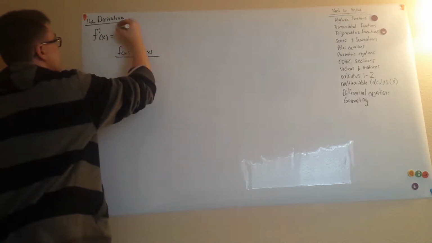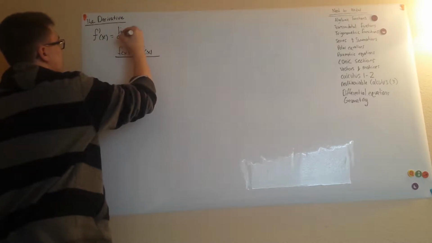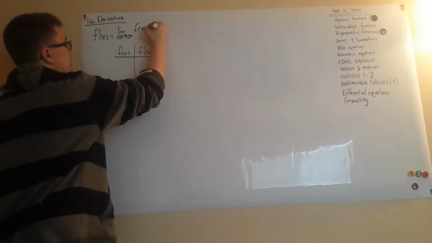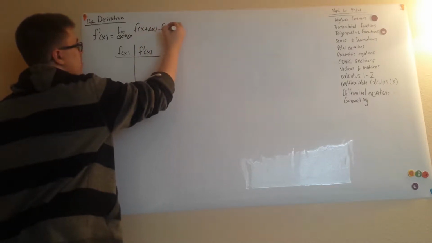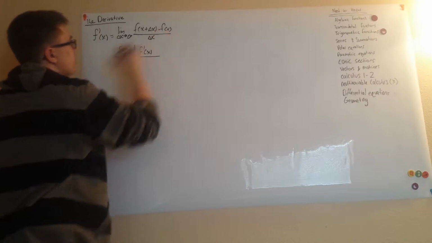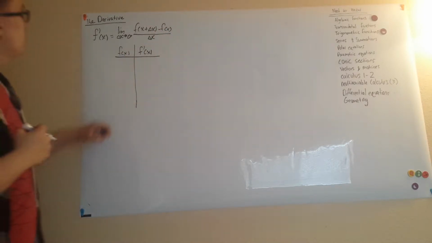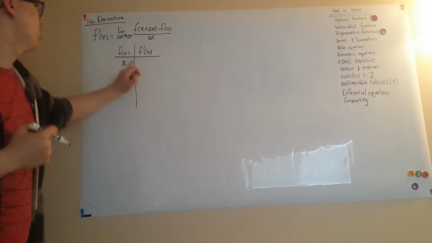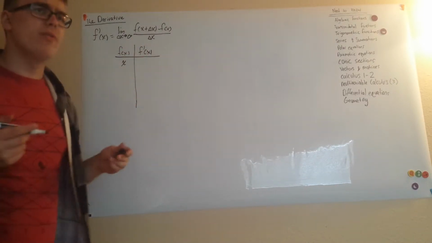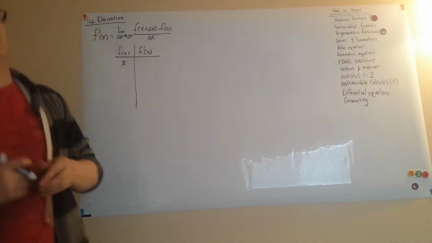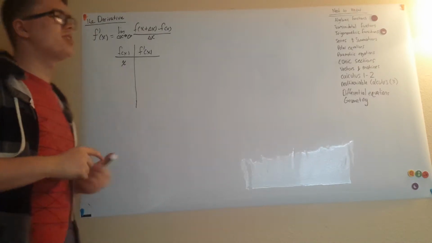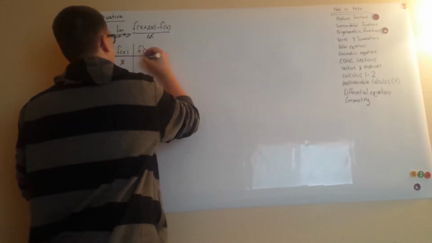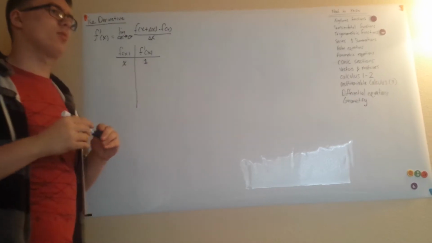Because we know this is equal to the limit as delta x approaches 0 of the change in y over the change in x. So if I were to plug in x, what's the derivative? It gives me the slope of your curve. What's the slope of x? It's just 1. F prime of x would be 1.